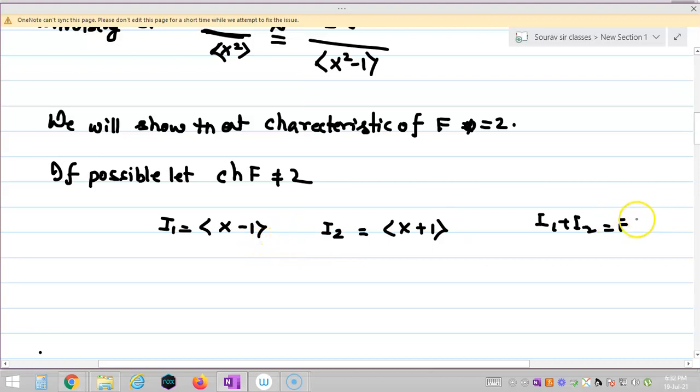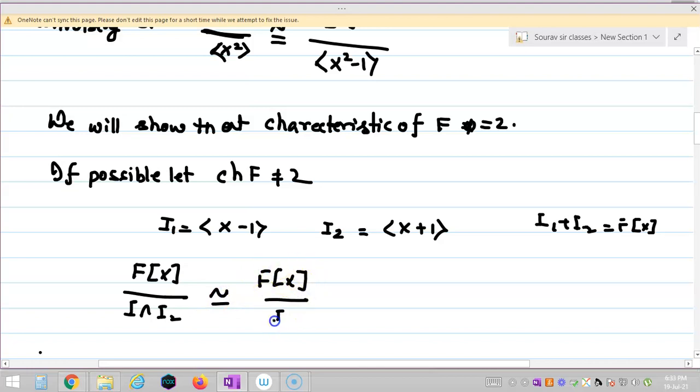Now I1 intersection I2 is the ideal generated by x squared minus 1. As these are co-maximal ideals, the Chinese remainder theorem says that F[x] by I1 intersection I2 is isomorphic to F[x] by I1 cross F[x] by I2, right?